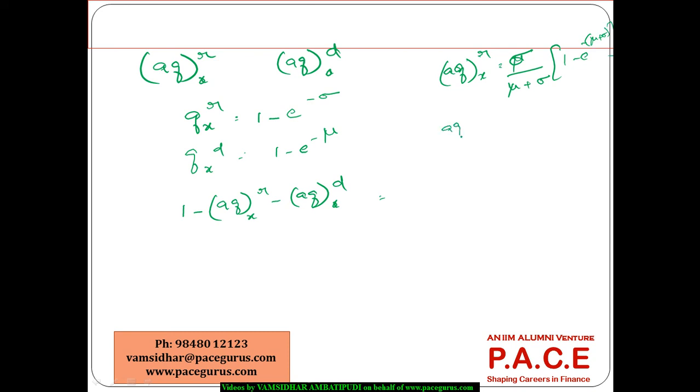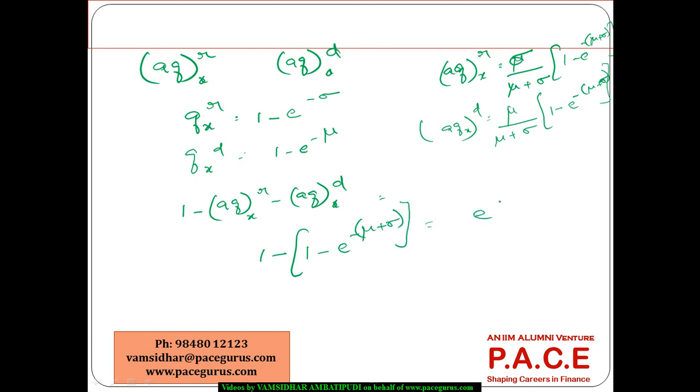Similarly, aqx of D, we got it as mu by (mu plus sigma) times 1 minus e to the power of minus (mu plus sigma). If I sum up these two things, it's directly coming out as 1 minus e to the power of minus (mu plus sigma). So it becomes 1 minus of that, working out as e to the power of minus (mu plus sigma).